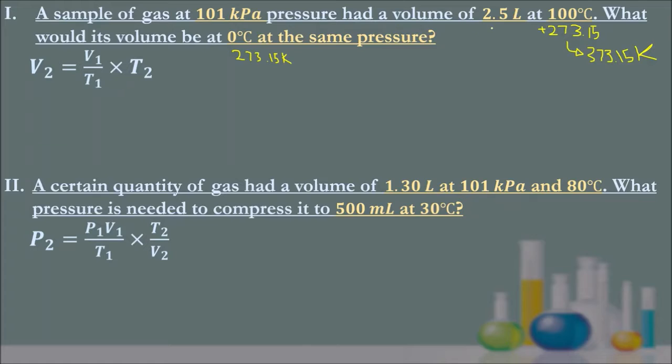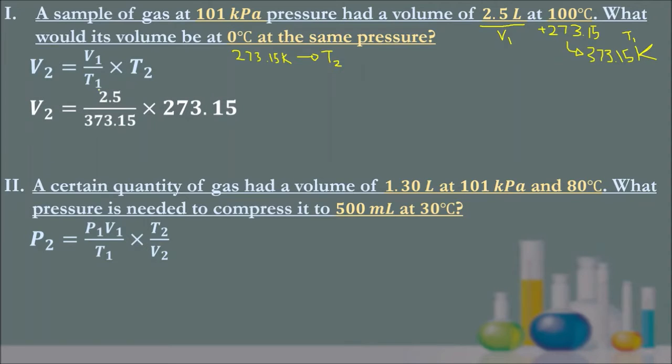If you read through the question carefully, 2.5 liters, that is V1, so that's our initial volume. 373, that is T1, that's our initial temperature, and then 273 Kelvin, that is T2, that's the temperature change we have here. So now that you've got all the components together, substitute it into your formula.